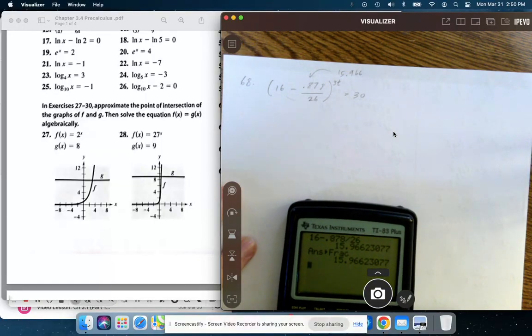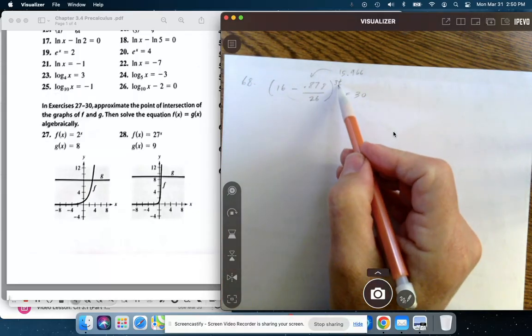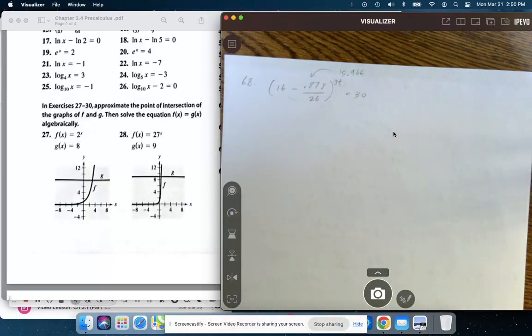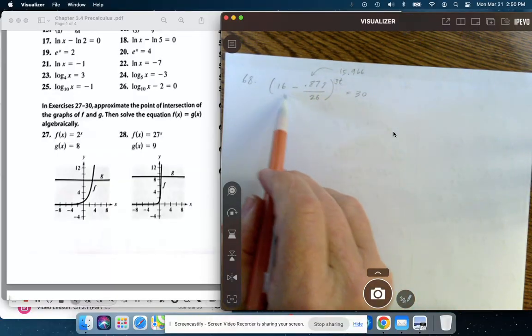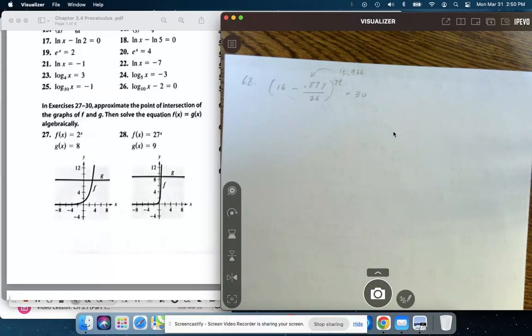So typically, to solve for this, we take the log of both sides. Now here, you can't really take the log with this as your base because it's kind of an undefined base.